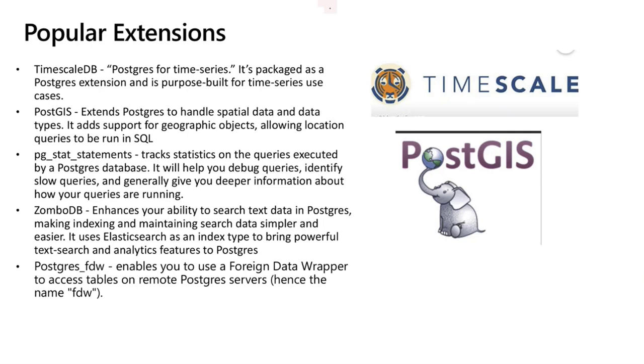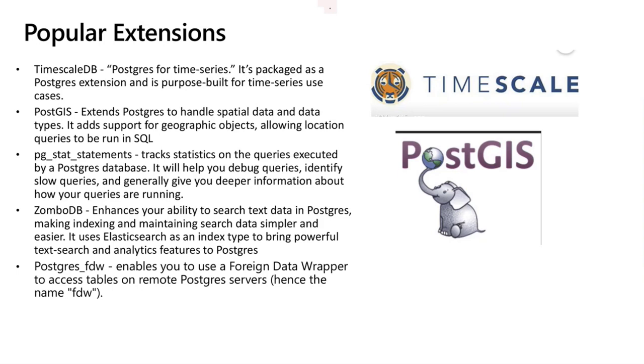PostGIS is another one, for a type of data that's not easy to store in a relational database, which is geographic objects, trying to capture location data. That's not easy in a relational database, which is why PostGIS makes it easy to store such spatial data. Another interesting one is ZomboDB.